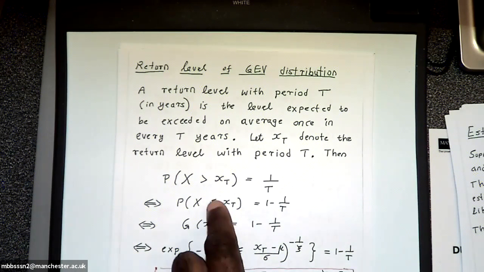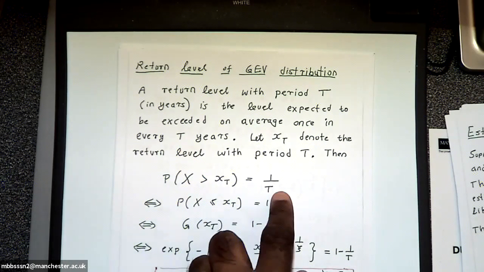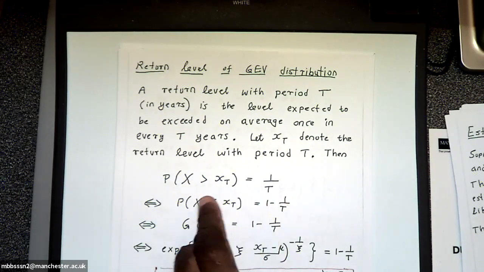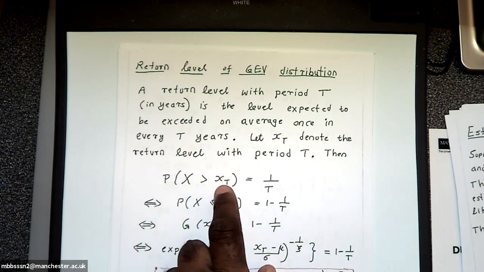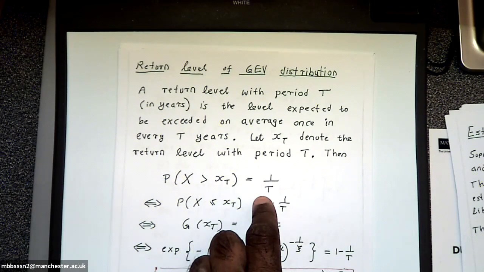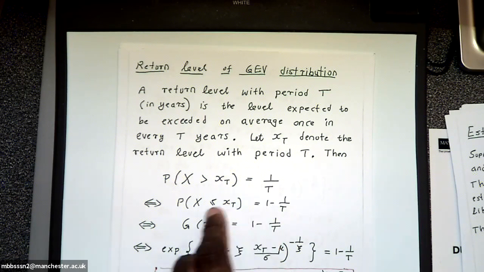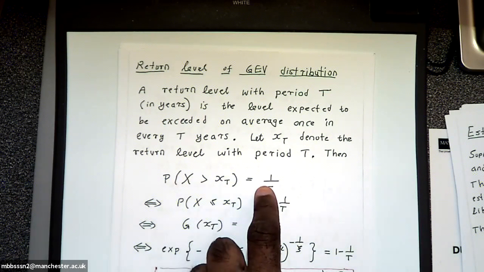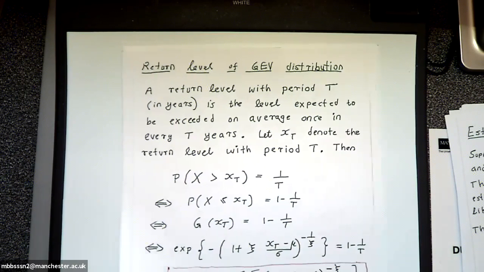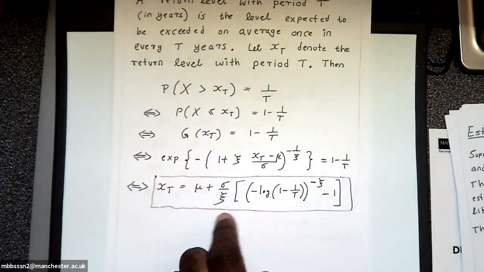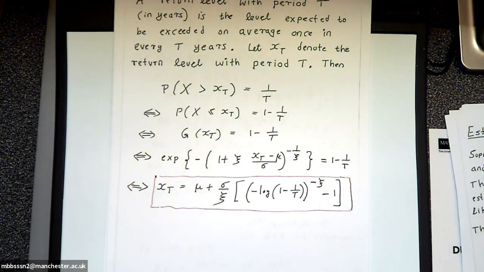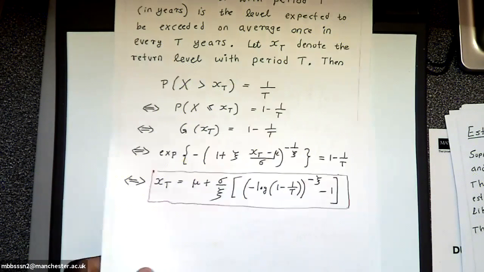To work out the t-year return level, you need to solve this equation, so that the probability that the value will be exceeded is once every t years, right? If you solve this equation for a GEV, this is the formula that you will get. This is the formula for the t-year return level.